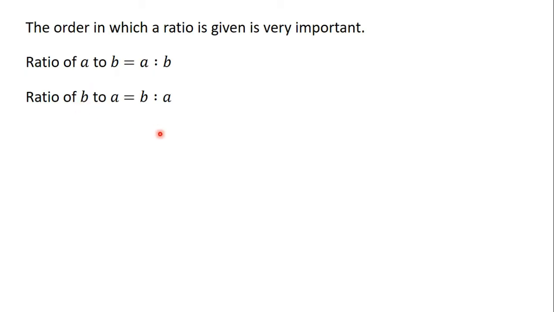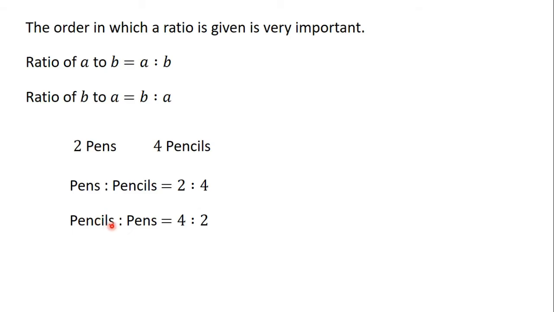Let's go back to our example that we considered in the previous slide. In the first example, we said that Kofi had 2 pens and 4 pencils in his bag. So the ratio of pens to pencils, that is pens is to pencils, is equal to the number of pens, which is 2, is to the number of pencils, which is 4. So the ratio of pens to pencils is 2:4.